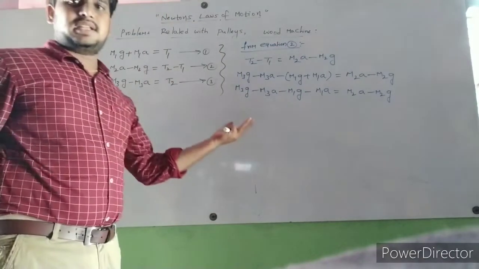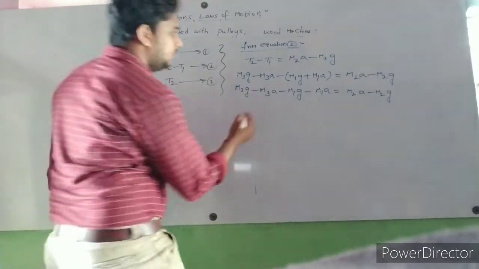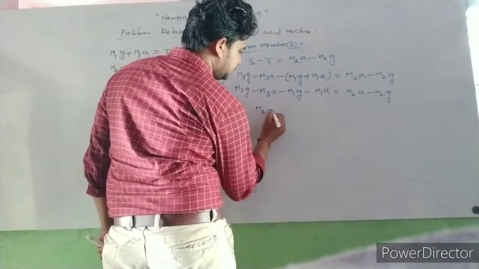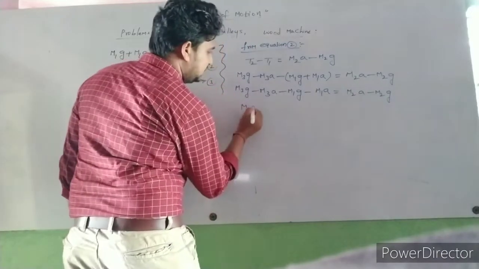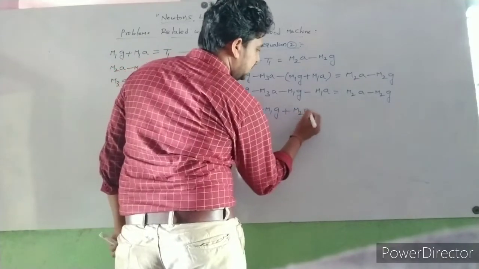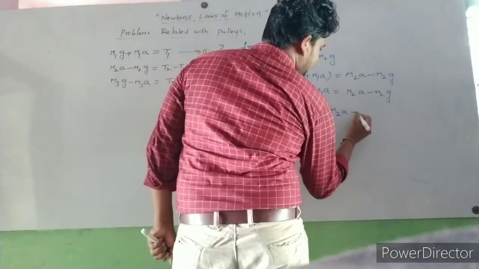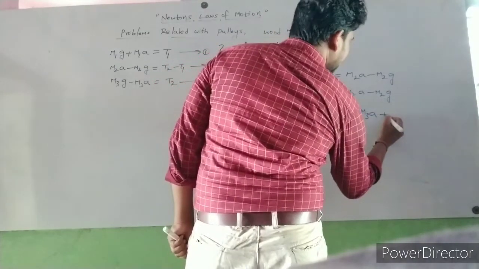So keep acceleration on one side. Here M2A, this G will be moved to this side: M3G minus M1G plus M2G is equal to M2A plus M3A plus M1A.